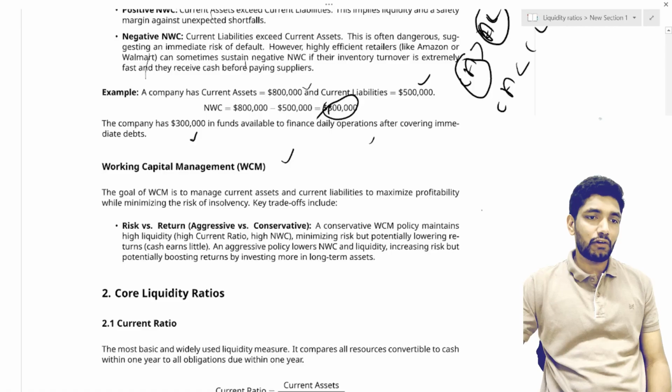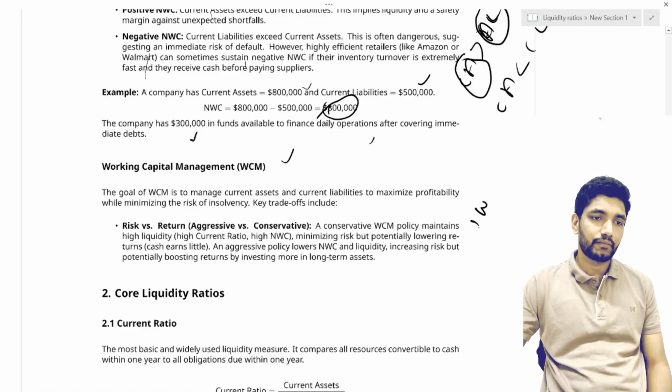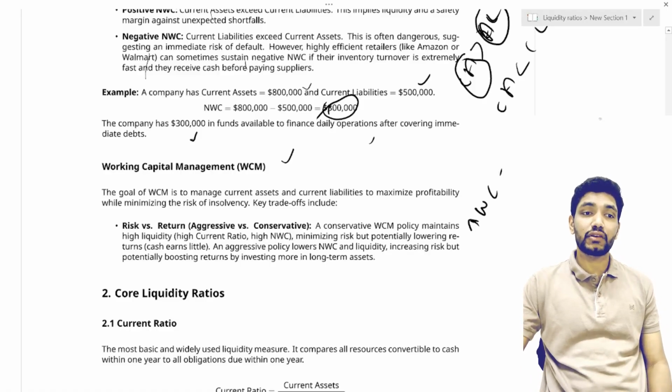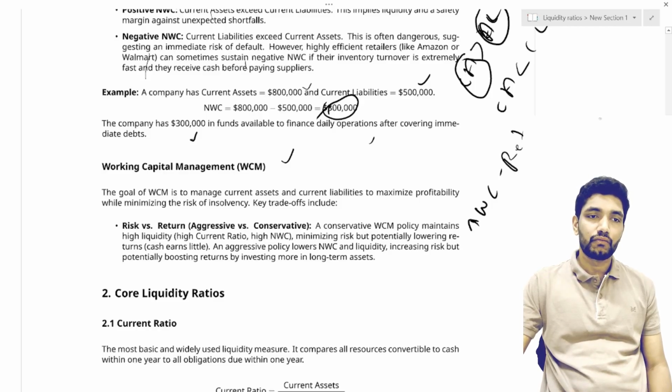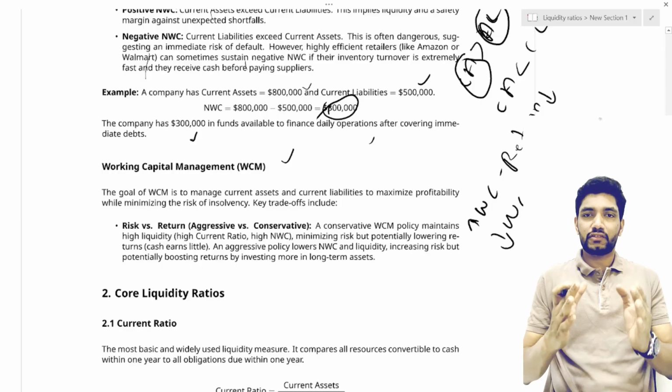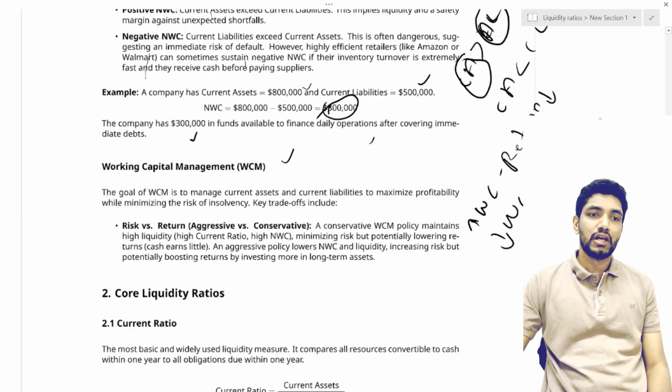Just assume we have higher working capital, we have enough or excess funds in the business, which will reduce our return. If our working capital is lower, that means we have only limited funds in working capital, so our overall return will be higher. This is about return.